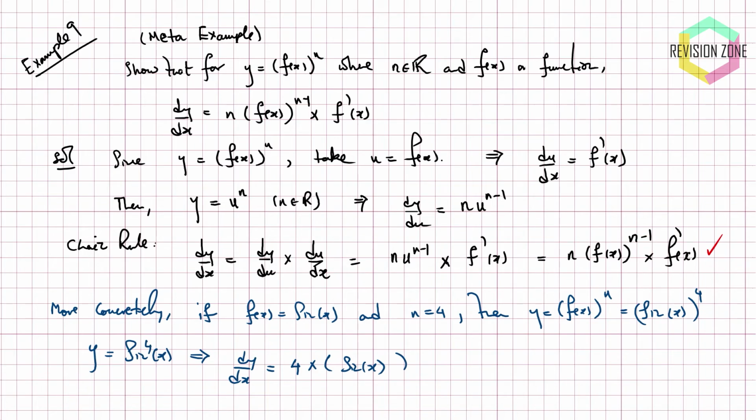It was 4, so now it has to be 3. And then I basically multiply whatever's left by f prime. But my f is sine, so f prime, in other words the derivative of sine, is cosine, which actually gives me 4 sine cubed x cos x, which is a result we've seen repeatedly.